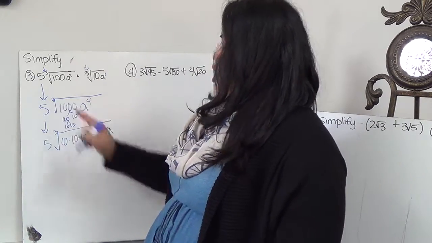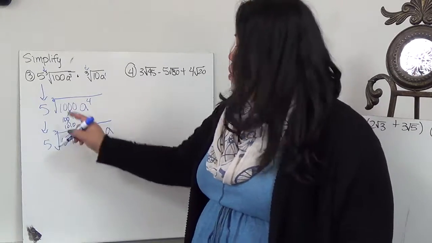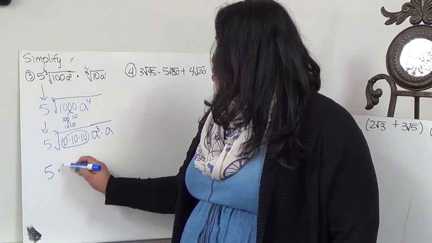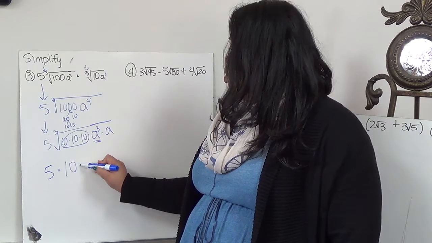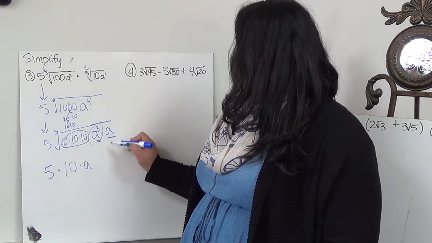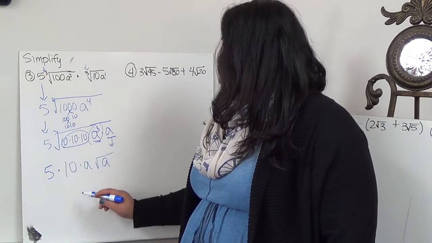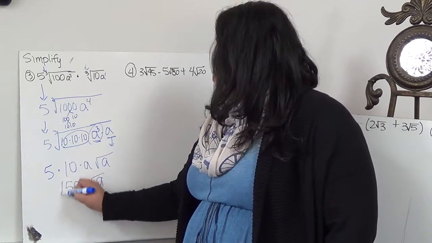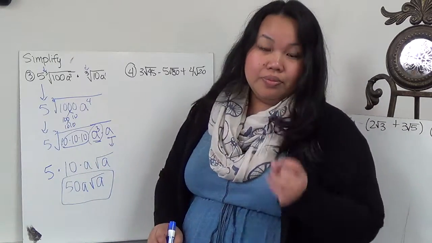Because a to the 4th is not divisible by 3, I'm going to rewrite it so that at least one of the a's is divisible by 3. So 5, I can take out 10, and I can take out a, since 3 divided by 3 is 1. But I still have this left over, so I have to leave a in the root. So then 5 times 10 is 50a times the root of a.